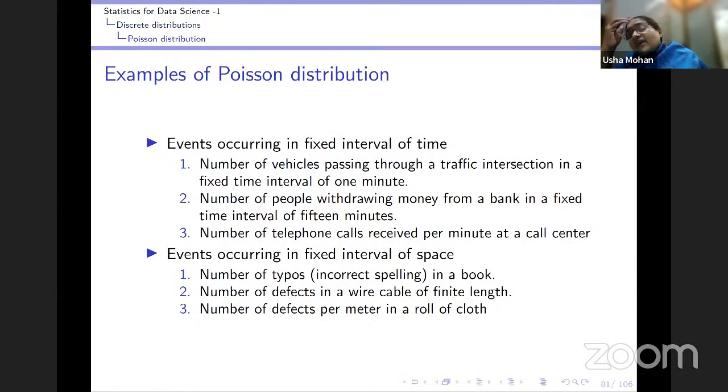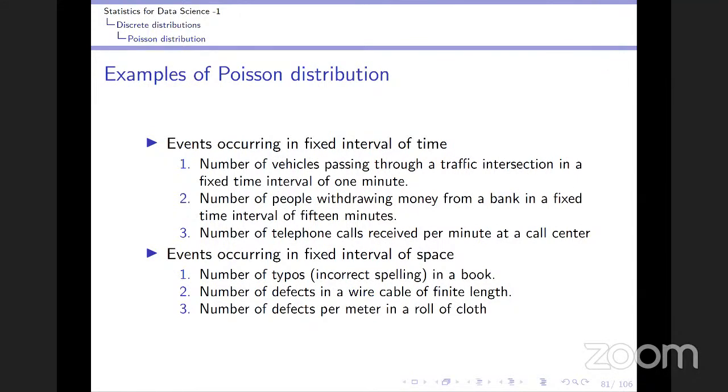But when the probability of making an error is very, very small, say 0.05, and I want to know the probability of finding a mistake in 10,000 or 1 lakh words, that n choose i is going to be very difficult to compute. Would you agree? So in those cases, Poisson seems to be a good approximation to the binomial distribution. Is this clear?